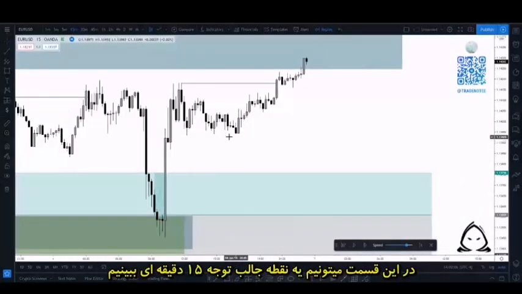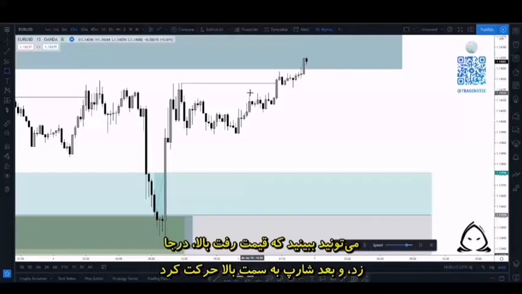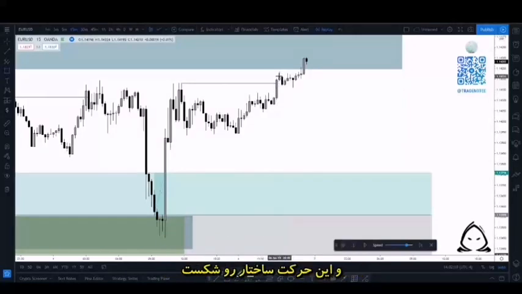Now, if we look at this overall bit of price action, we can identify a 15-minute point of interest. You can see that price moved to the upside. It consolidated and then it blasted to the upside, and this is ultimately what broke the structure. So what we can actually do is draw a point of interest on this candle right here.